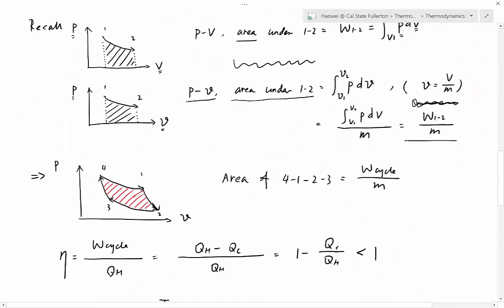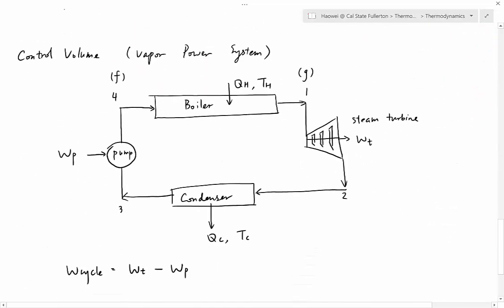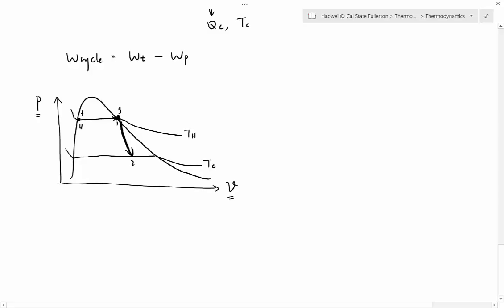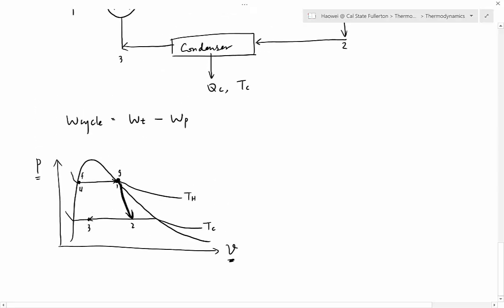This is a compression process. So the x-coordinate, which is specific volume, again becomes smaller, meaning 223 must go to the left. 223, go to the left because volume becomes smaller. And then it's a constant temperature process at Tc.